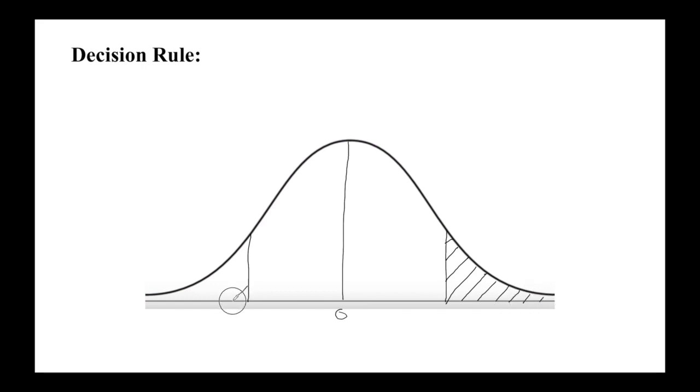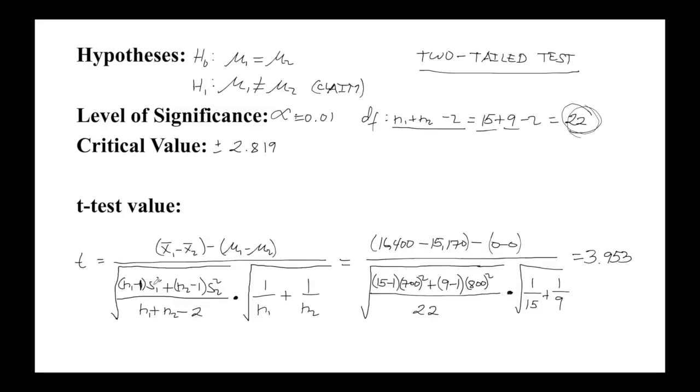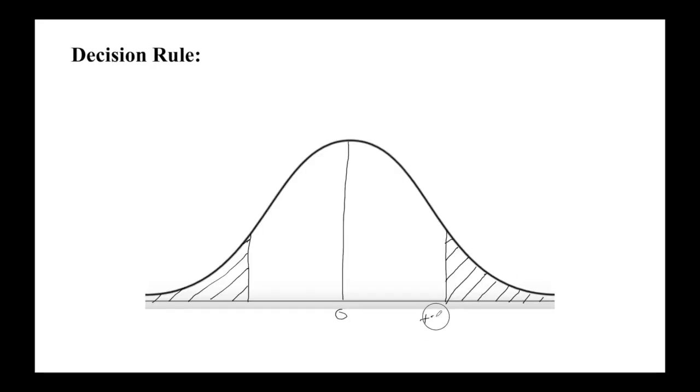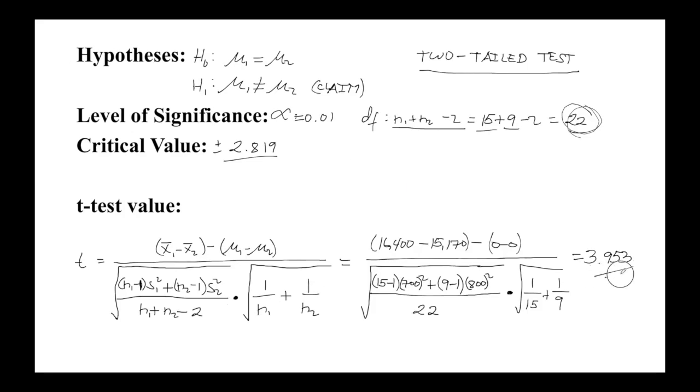Okay, so let's have here the shaded area. Okay. Ano yung value natin ng critical? 2.819. Positive and negative. So, assuming this is the positive 2.819 and the negative 2.819. Okay. Ano naman yung na-compute natin? Sabi natin, we have 3.953.